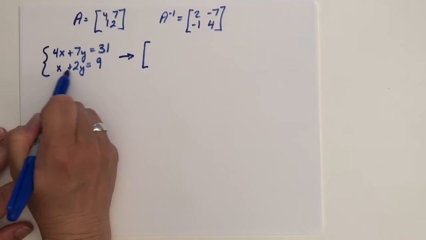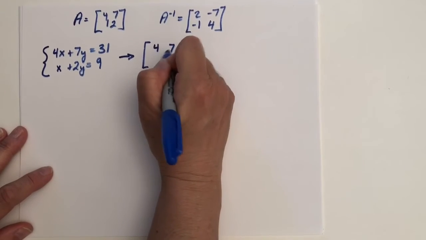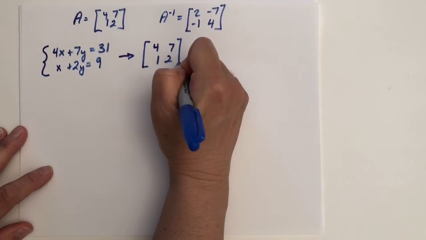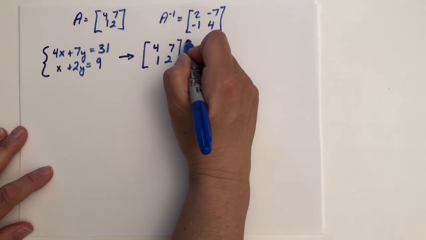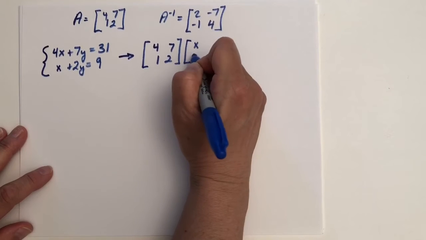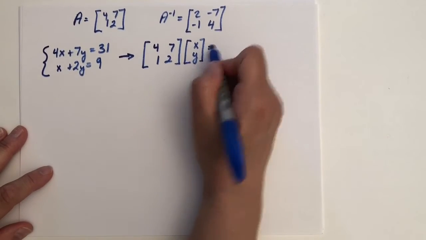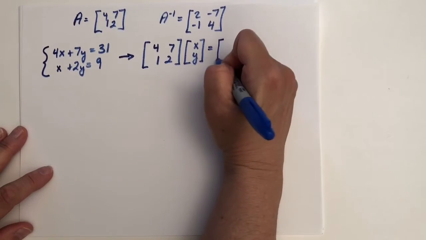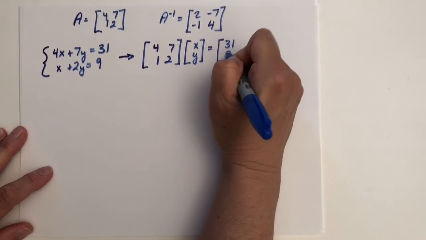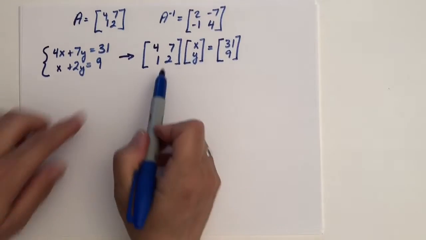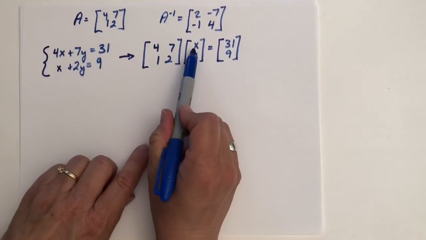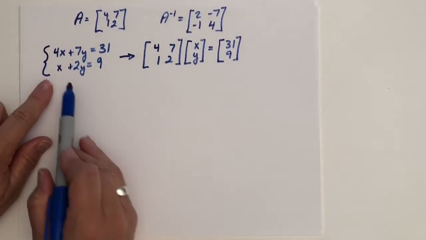I have 4, 7, 1, and 2. I'm going to multiply that by this matrix here that represents the variables x, y. And it equals the constants, 31, 9. And you could confirm, multiply this 2 by 2 matrix by this 2 by 1 matrix, and you would get this.